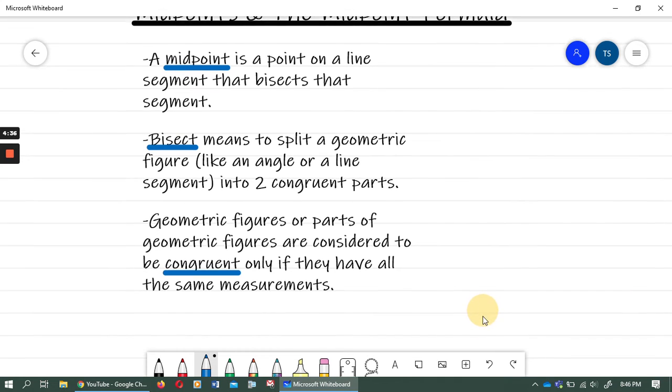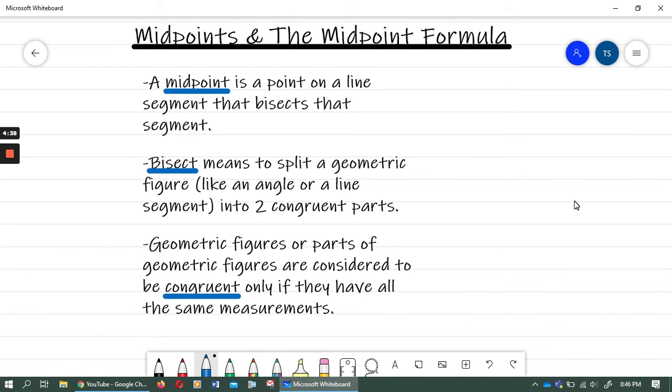It's possible that you may see diagrams that have a line segment bisected in one of these four ways, and if that happens, guys, you will wind up having a midpoint as a result of having that line segment bisected. We're going to look at 4 different geometric figures that can bisect a line segment.